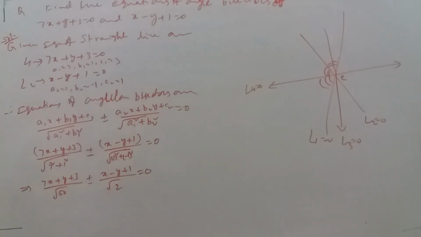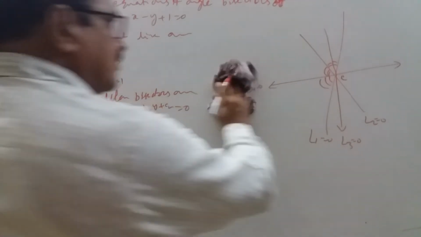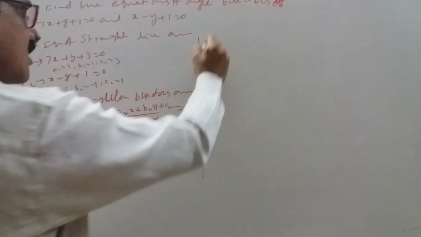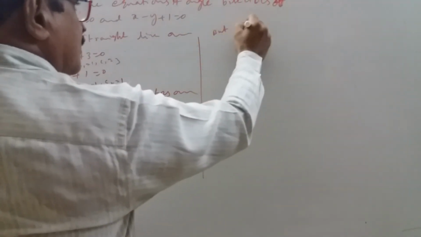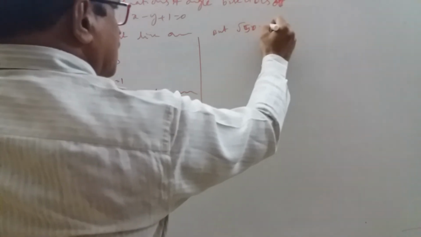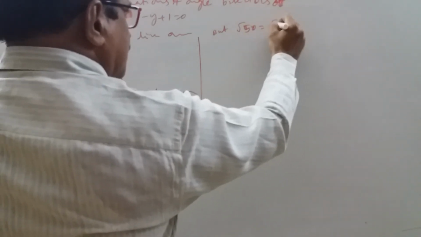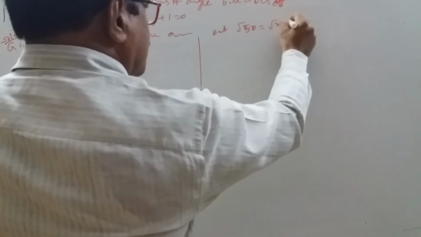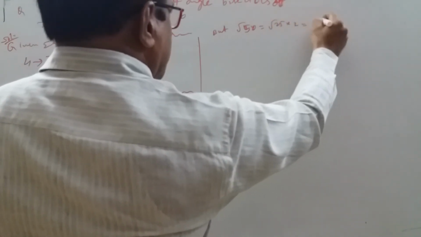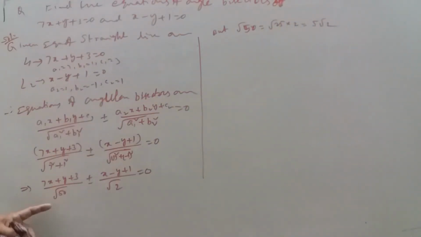Root 50 can be written as root 25 into 2, that implies 5 root 2. Instead of root 50, we can put 5 root 2.